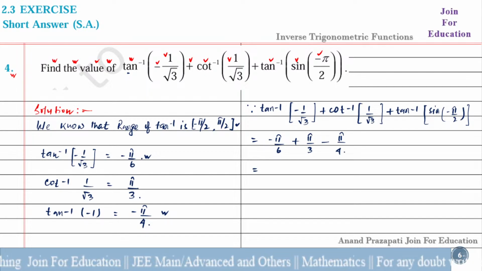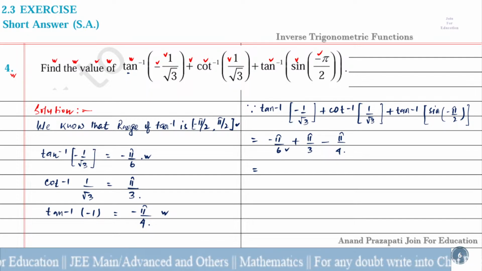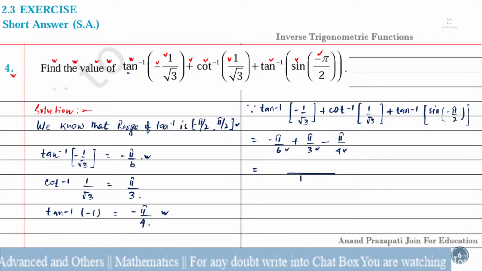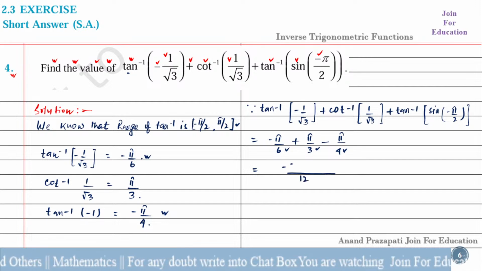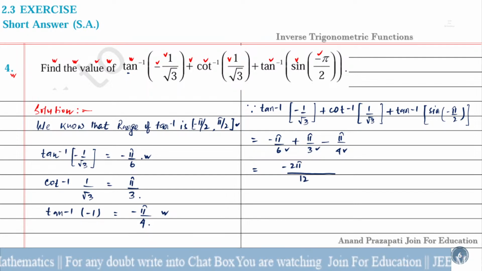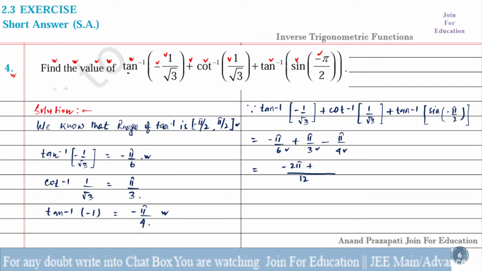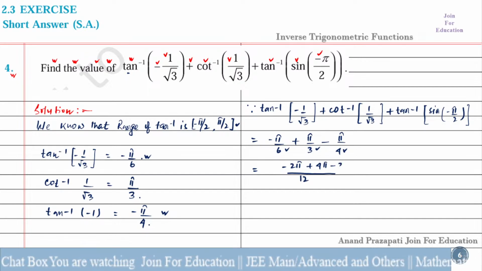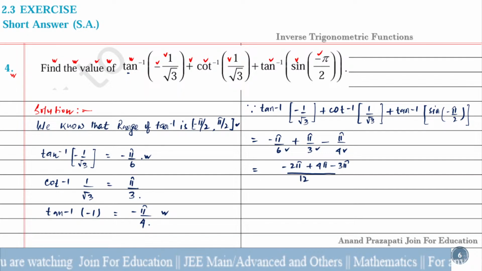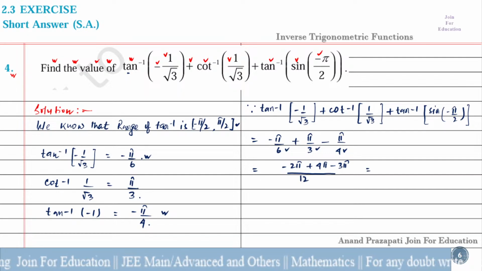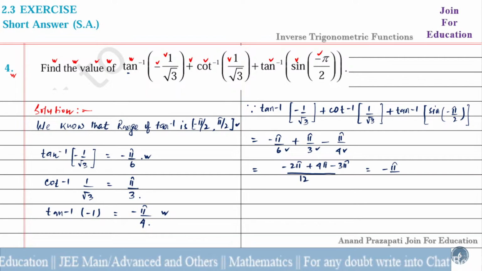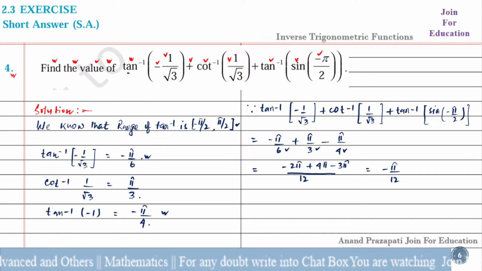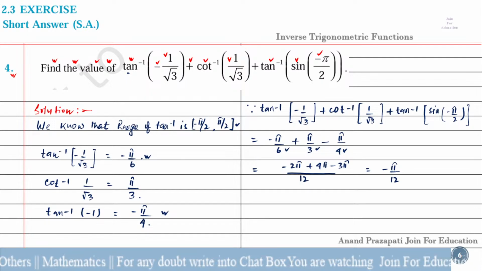The LCM of 6, 3, 4 is 12. So here will be minus 2 pi plus 4 pi minus 3 pi, which equals minus pi by 12. Hope there is no problem understanding up to this step.